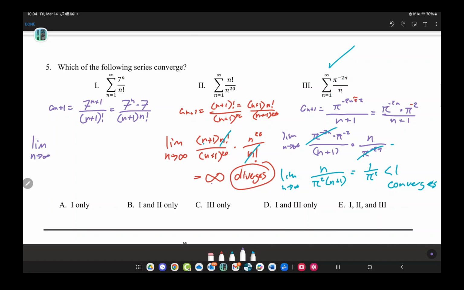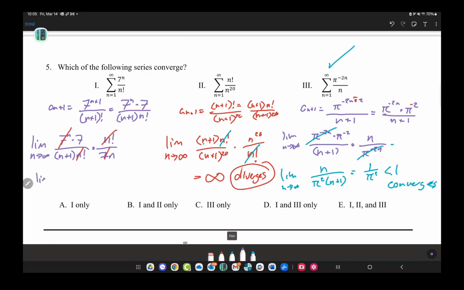We have like 3 minutes left. Times the reciprocal. Don't forget it's the reciprocal, n factorial over 7 to the n. So here it cancels, and I end up with 7 over n plus 1.